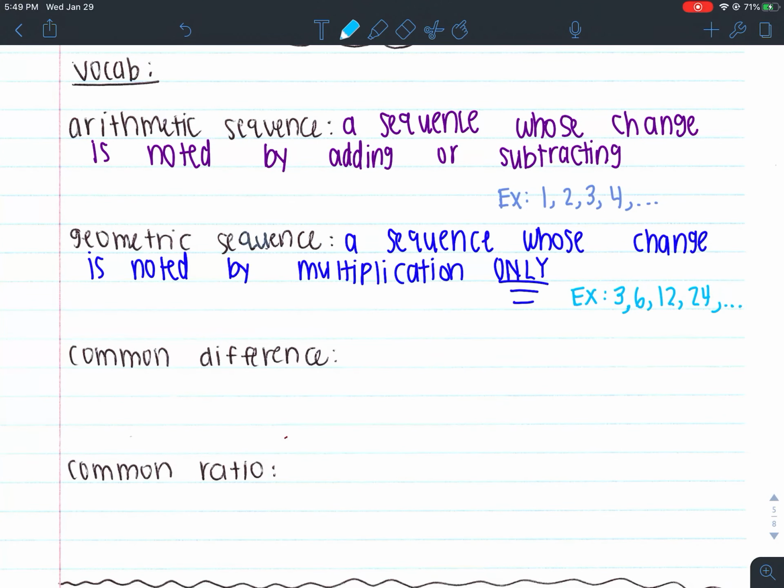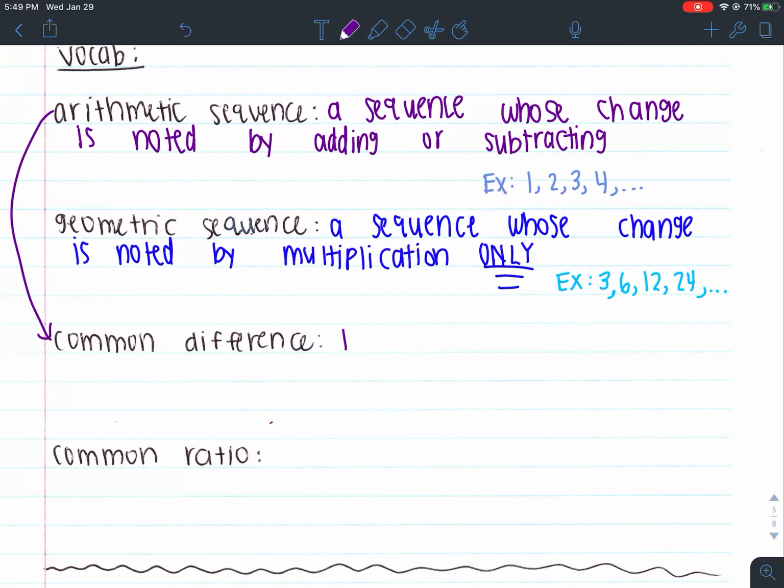All right, now, these are just big fancy words for some things that we've known our whole lives, right? There are certain lists of numbers where you're adding something over and over again, or multiplying something over and over again. So they're big, spooky, scary words, but they don't have a large meaning. Now, common difference is related to arithmetic. So the common difference is the number being added or subtracted from term to term.